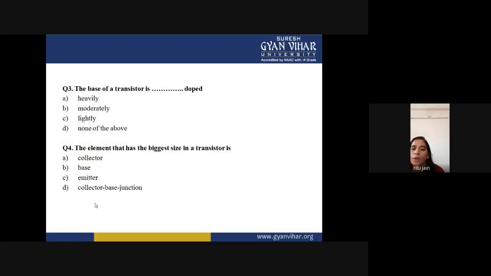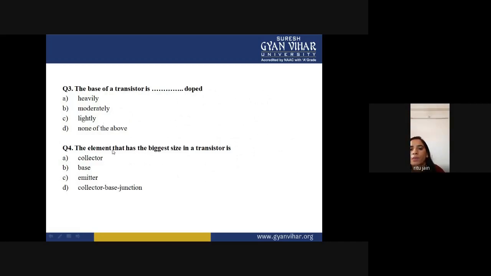Next, the base of a transistor is doped: is it heavily doped, moderately doped, lightly doped, or none of the above? I already told you that the base of a transistor is lightly doped, so C is the right option.